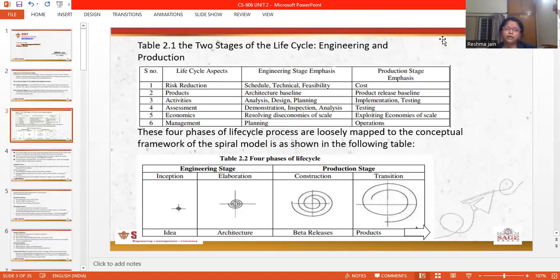In the architecture phase, that idea grows, so the spiral gets bigger. In the construction phase, it is bigger compared to the elaboration phase, and in the transition phase, it is bigger still. These are the four phases of the life cycle.